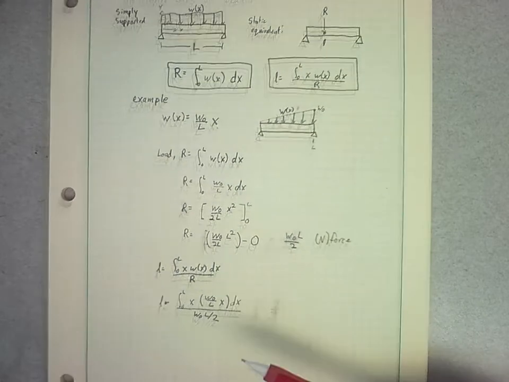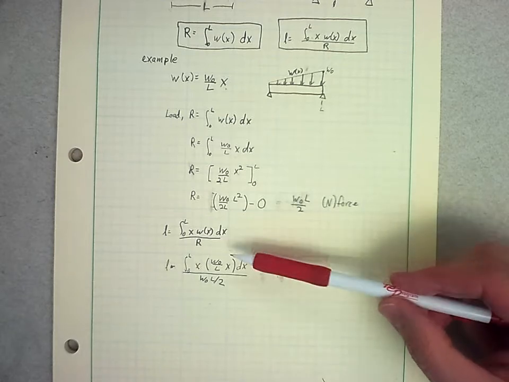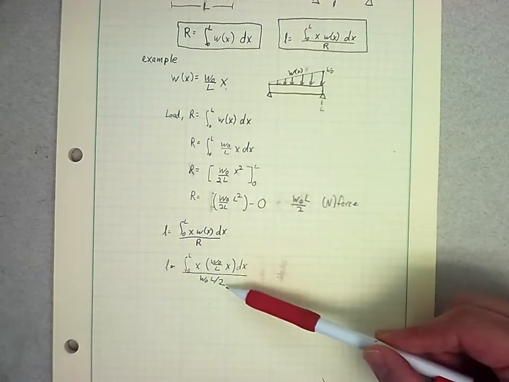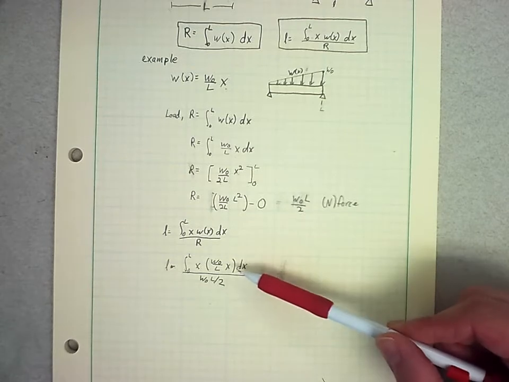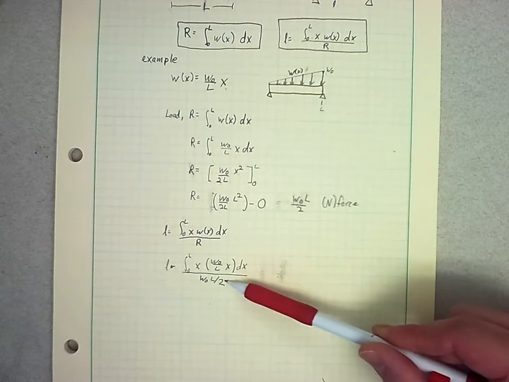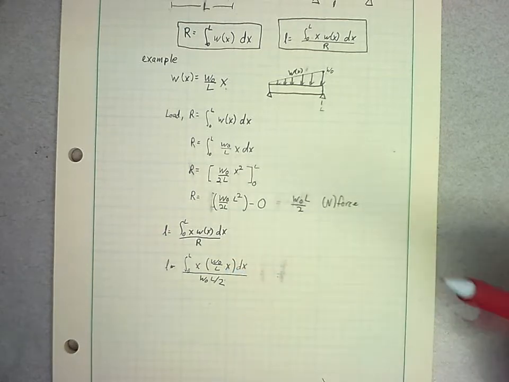A couple ways to deal with this. One is I could do like we did when we were finding centroids and split this apart and just work with the numerator for a minute. Since I've already found R, I'm going to just plug it in, leave it sitting out there, and use the fact that we know what that coefficient is. So I plugged in the value of R already. We've got this function that we're trying to integrate in the numerator.